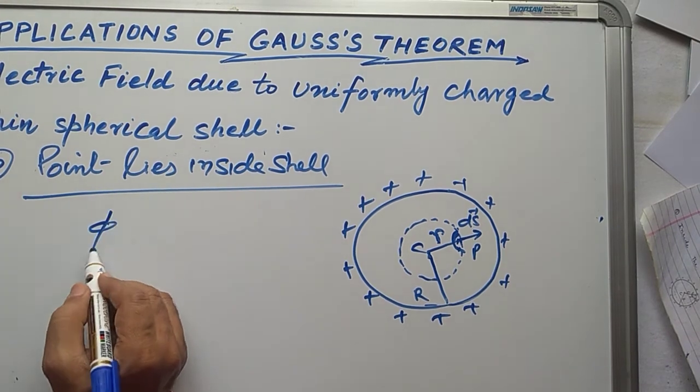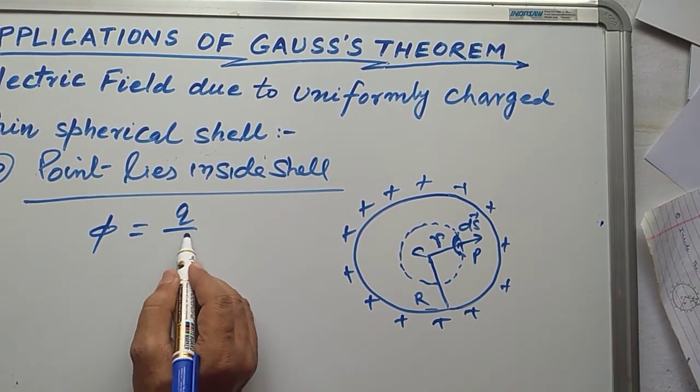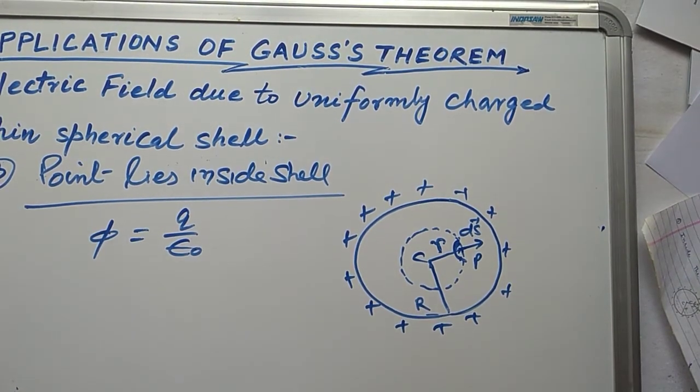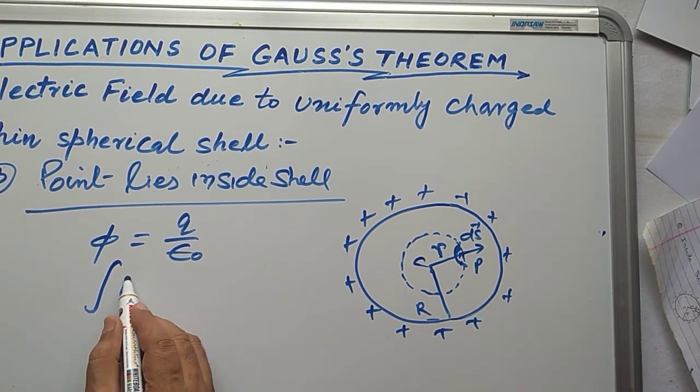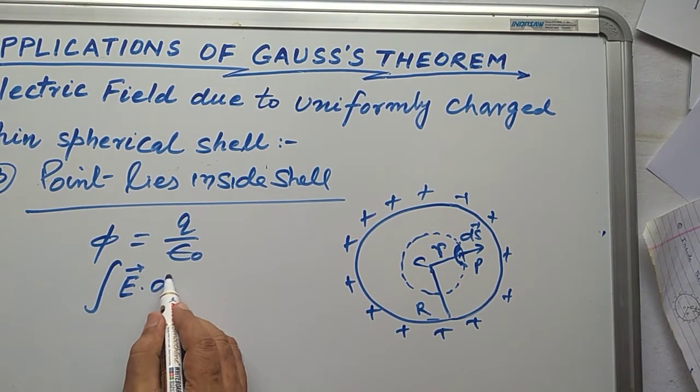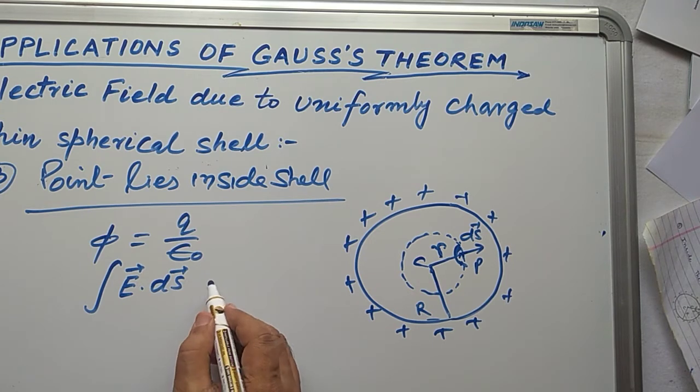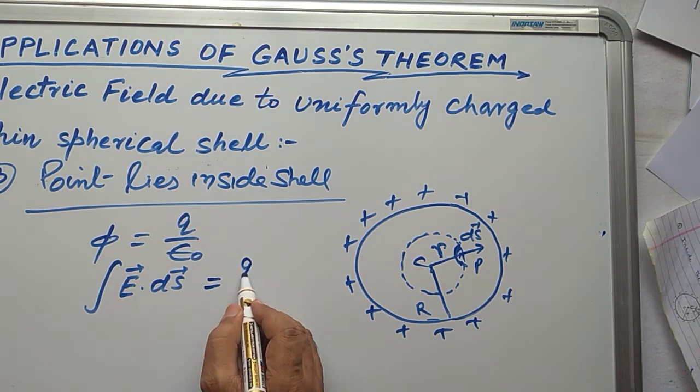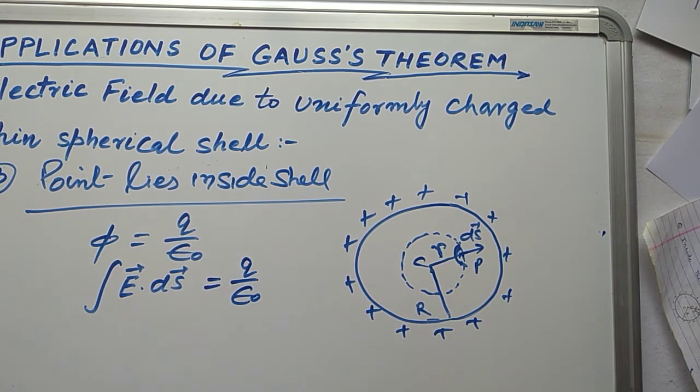Again using Gauss theorem, the integral of E dot ds equals q by epsilon naught. As we know, there is no charge inside the hollow shell. Inside the shell, q equals 0.